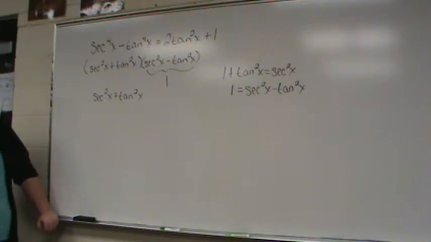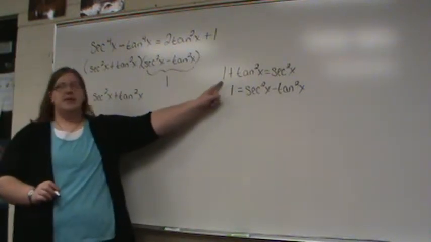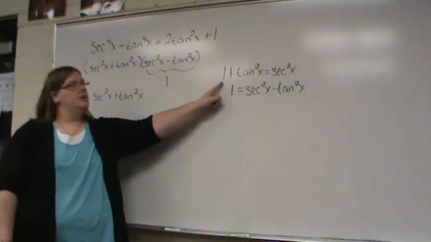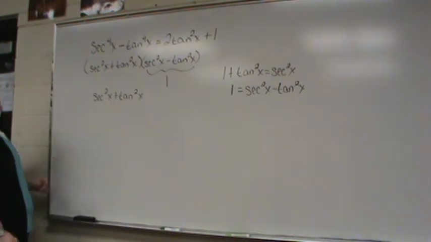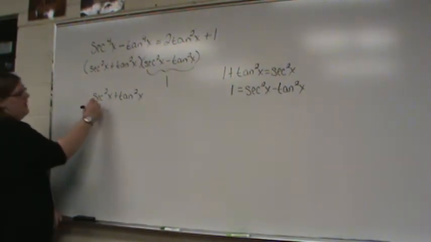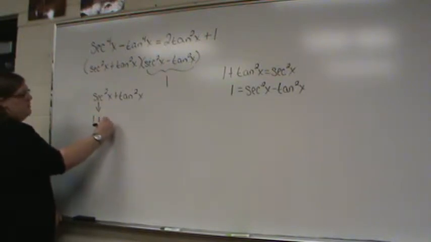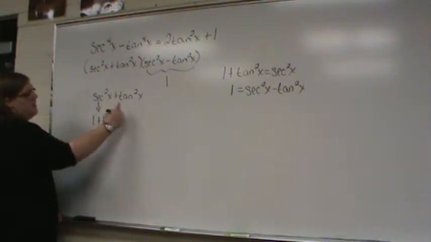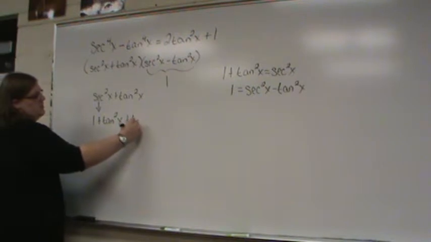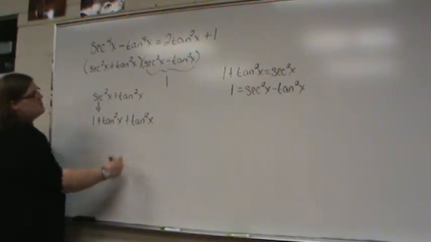Oh, secant squared equals 1 plus tangent squared. So we could go back to this identity that we already used and redefine what secant squared means. So we can write that the secant squared x is 1 plus tangent squared x and then plus tangent squared x.